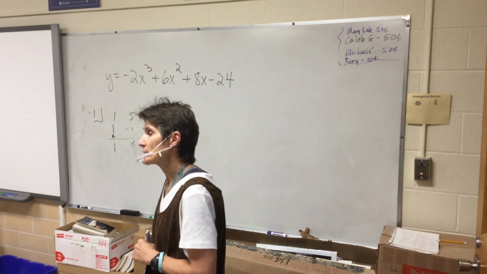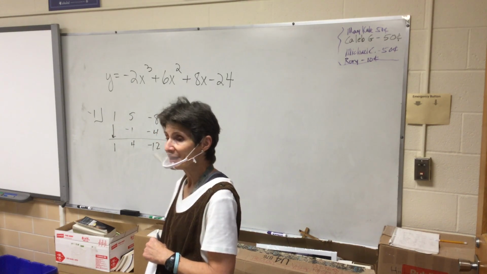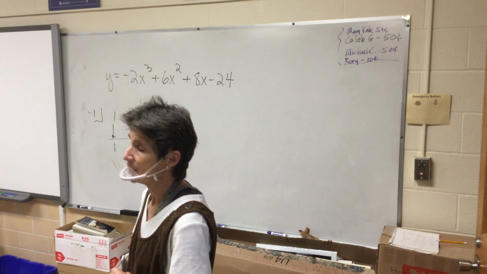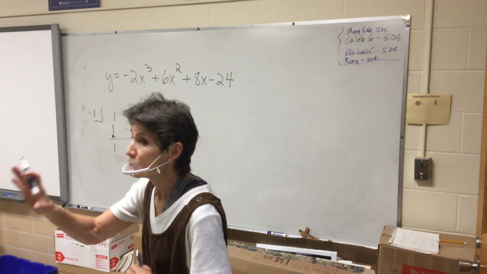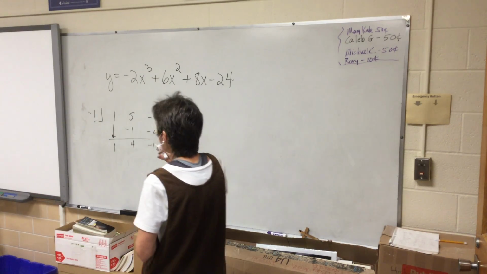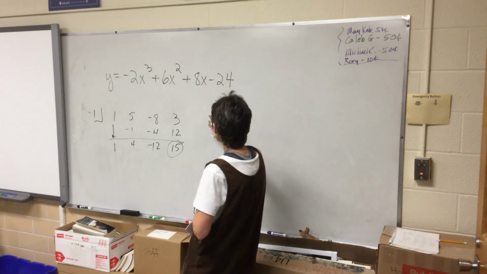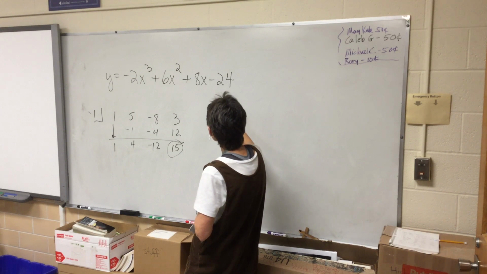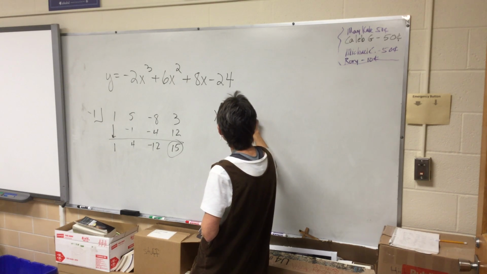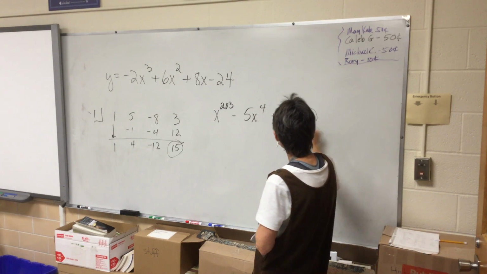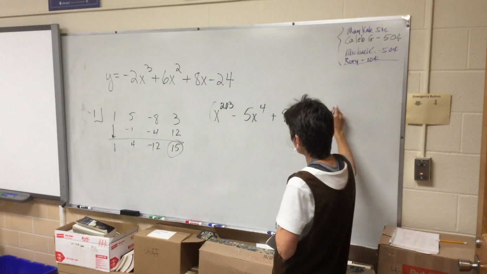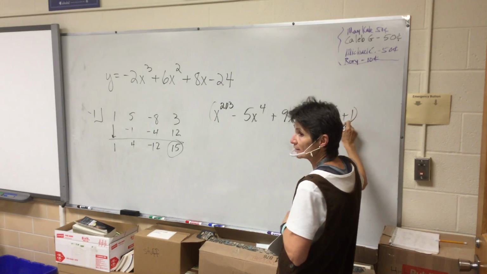Now, I want to show you something else, because depending on the size of the problem, division may be inconvenient. Here's what I mean. What if you had to find the remainder when x to the 203rd minus 5x to the 4th plus 9x minus 8 is divided by x plus 1?